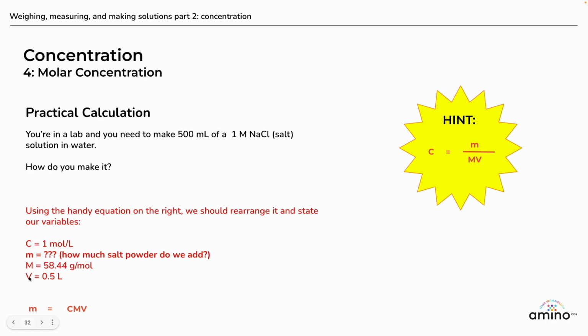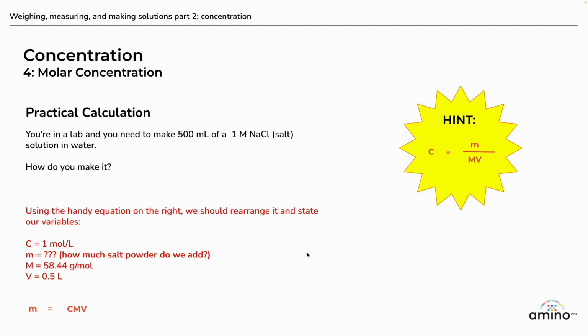Then we know the volume we need is 500 milliliters, but remember we have to do this in liters, so we remove the prefix and take it to the base unit of liters. So that's 0.5 liters.